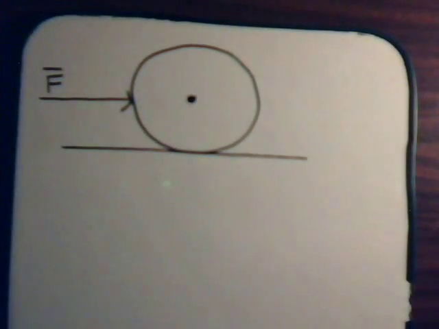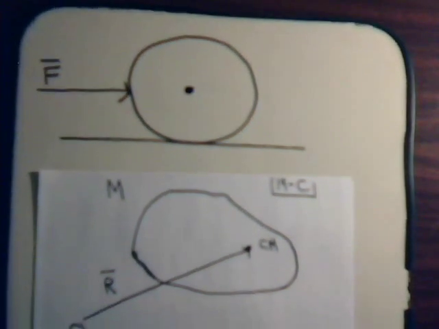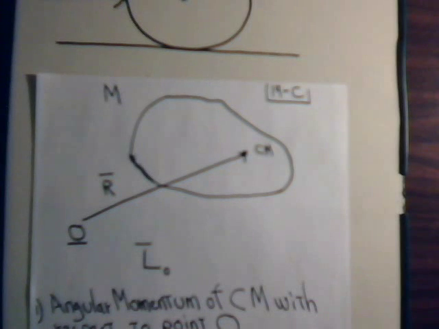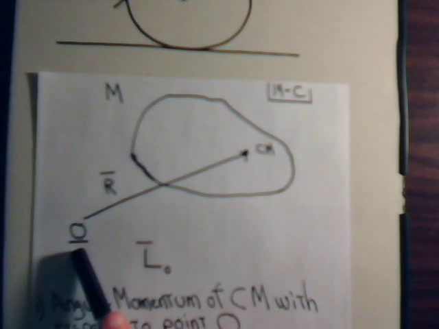And remember how that worked out. If we have an object here, it might have a linear velocity and it's rotating also, and we ask ourselves, what is the angular momentum of this object with respect to point O? It has two components.